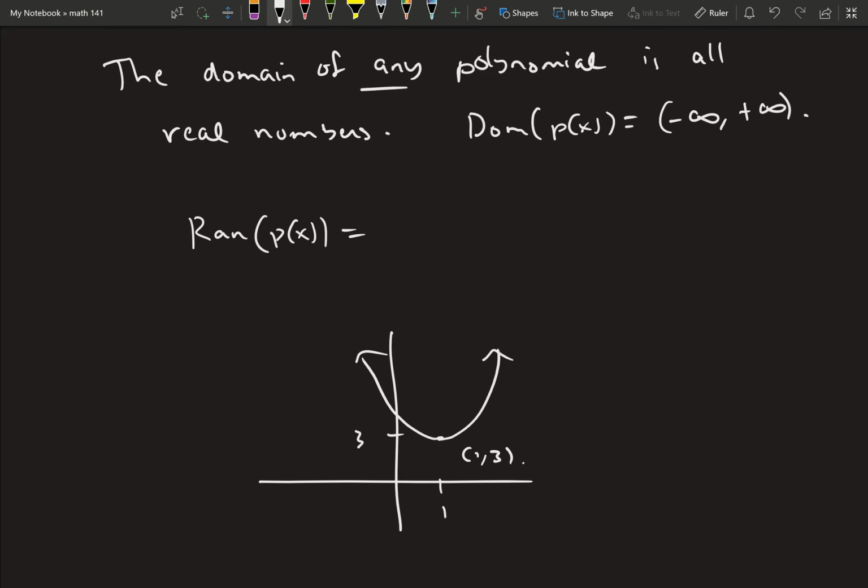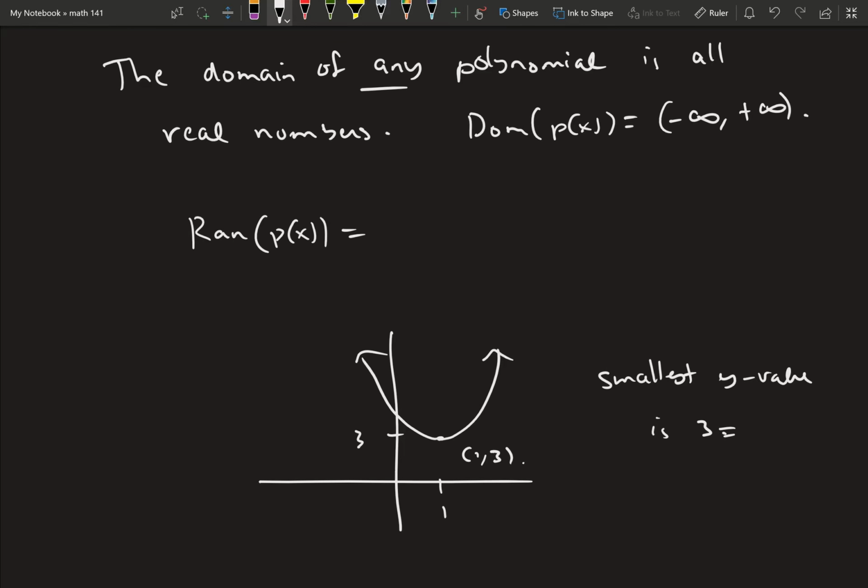Notice that the smallest y value is 3, right? All the other values are above this vertex y value.